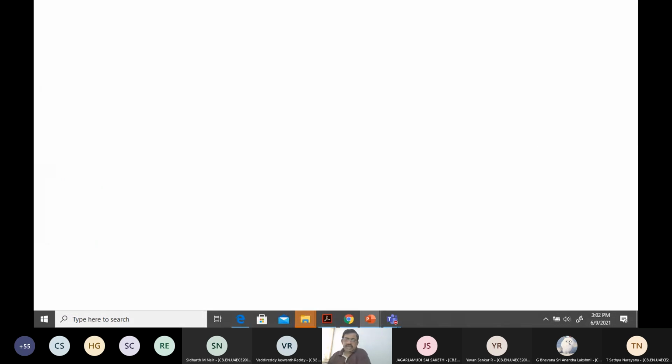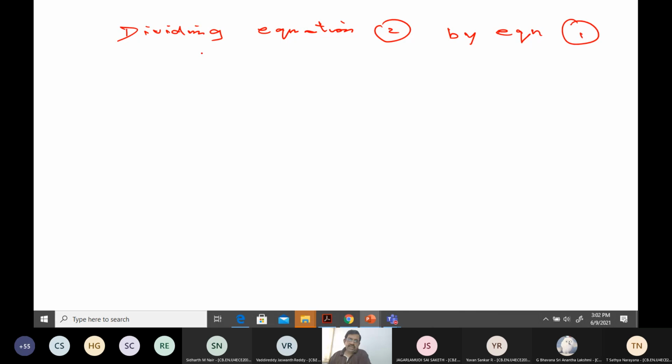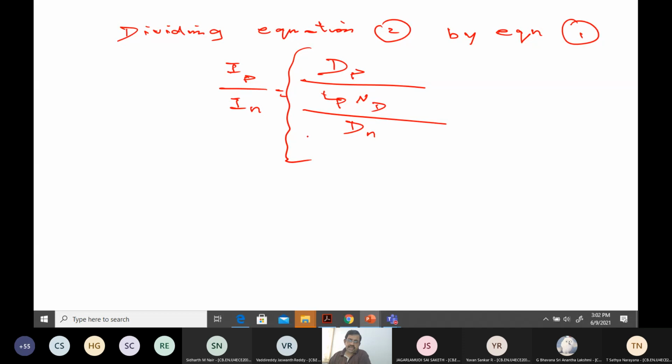So let me write it here. Dividing equation 2 by equation 1, we will get IP by IN equivalent to Dp by Lp Nd divided by Dn by Ln Na.